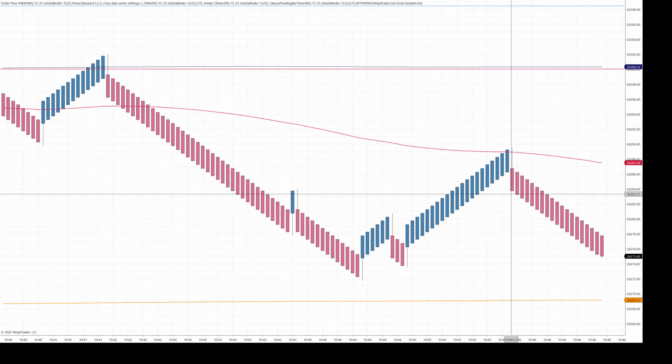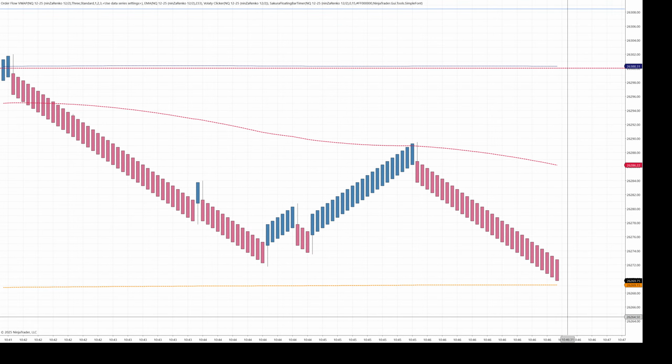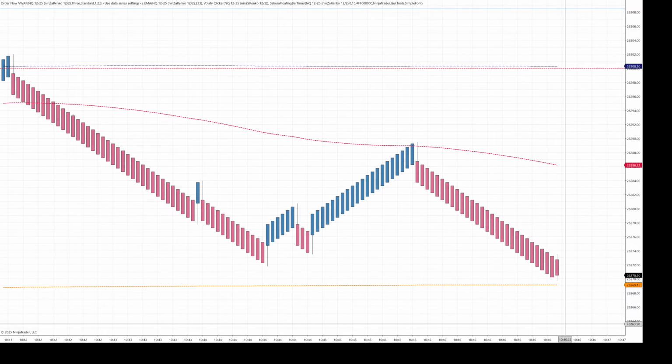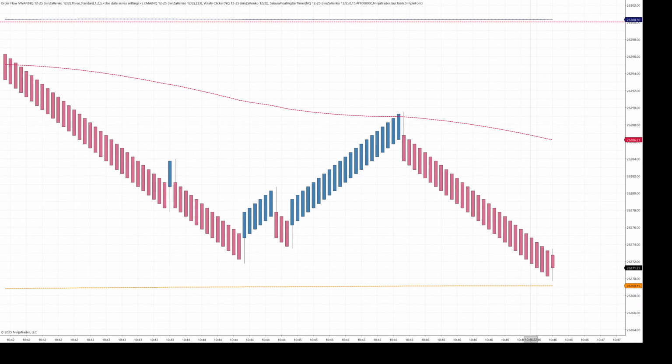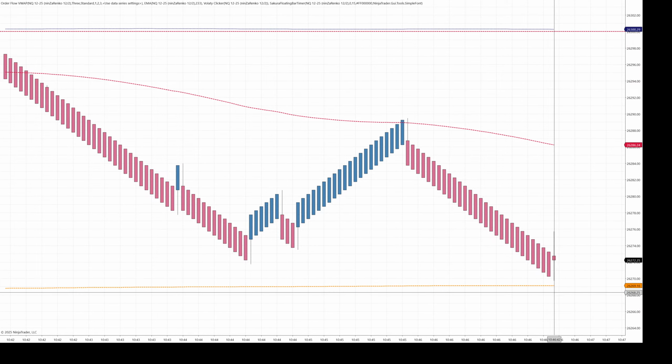There we go. Now we're making our way down to the VWAP. I would prefer for us to actually touch VWAP.